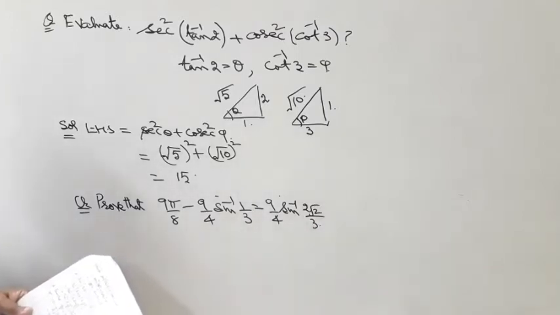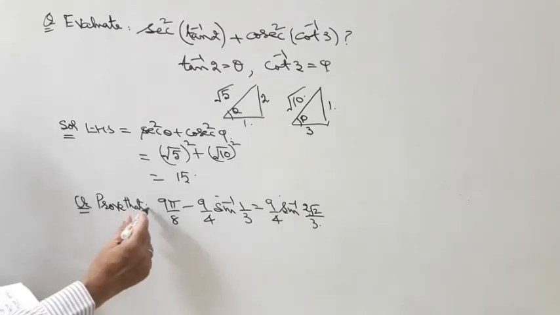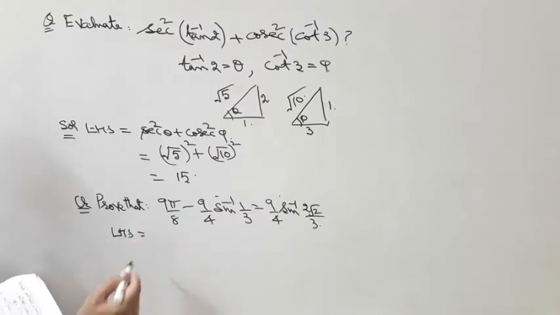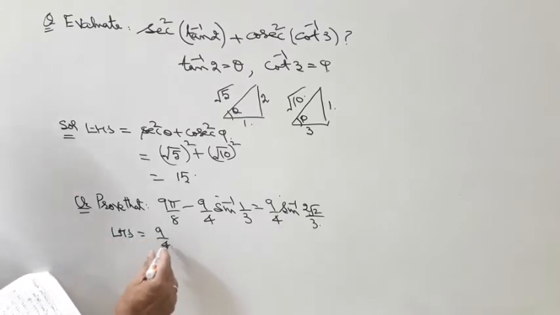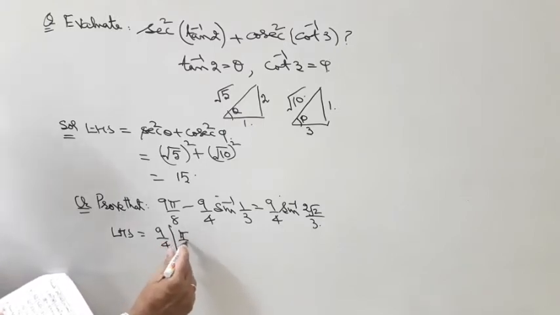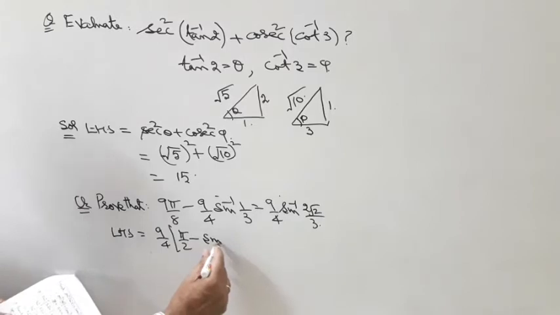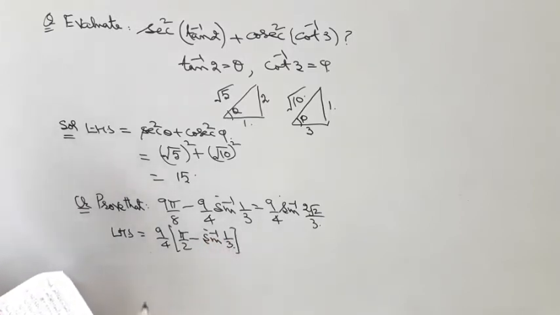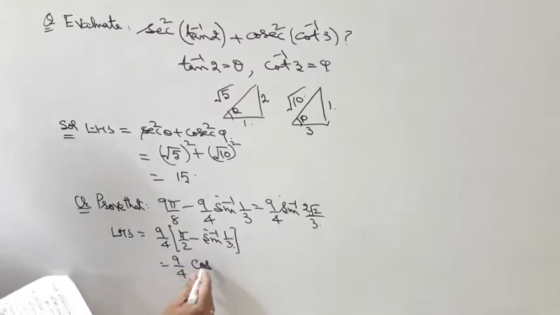I feel the importance of this question. Of course, it is given even in NCERT. Please see the left hand side: 9 by 4 I can take as common. It becomes pi by 2 minus sine inverse of 1 by 3.